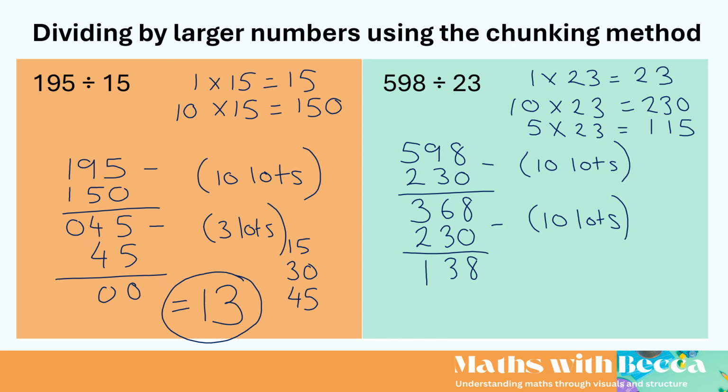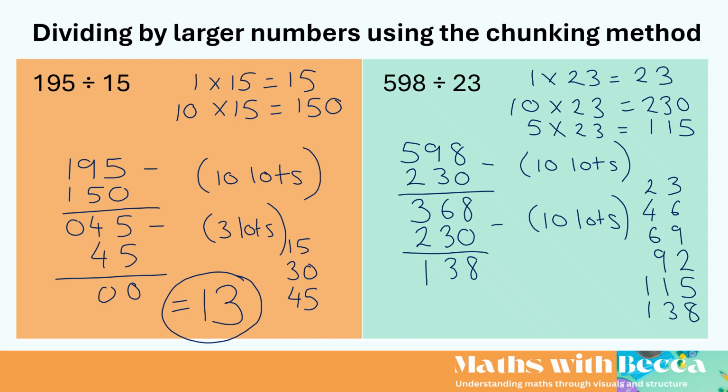So we could go 23 add another 23 is 46, add another 23 is going to be 69, add another 23, I'm going to think of it, I'm going to add 20 and then going to add 3, so 69 add 20 is 89, add 3, 90, 91, 92, add another 23 is going to be 115, which is what I got to there, and then another 23 is going to be 138.